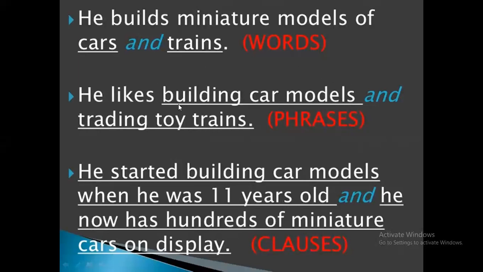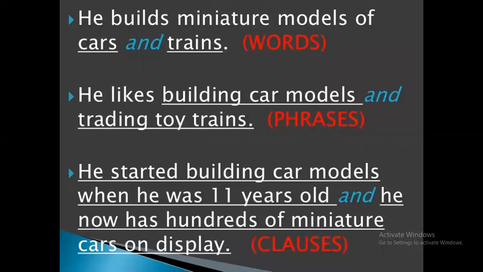A phrase is a group of words that makes some sense but not complete sense, and it doesn't have a verb. That is the main thing. Okay, no finite verb in a phrase. So this is the finite verb, but this phrase and this phrase, these two phrases do not have a finite verb.